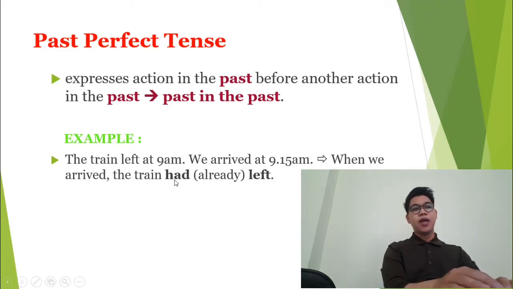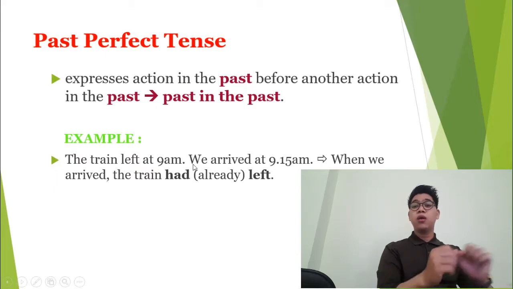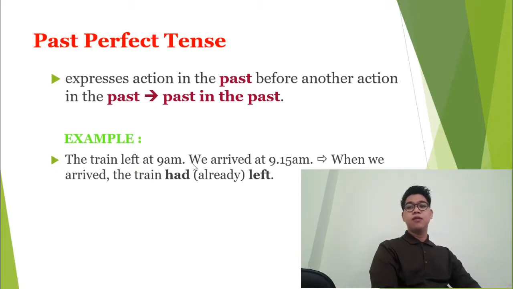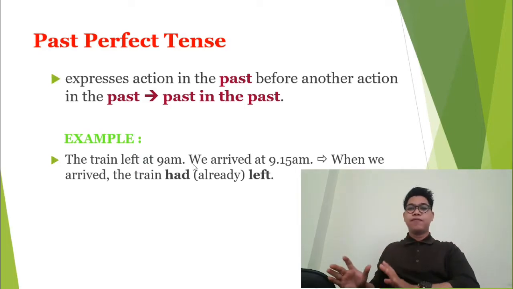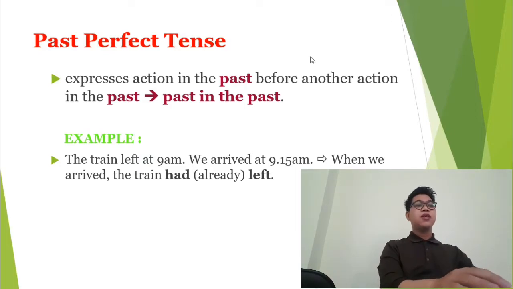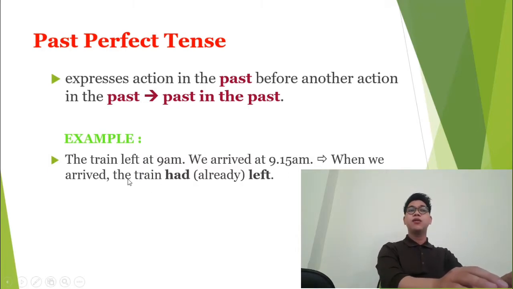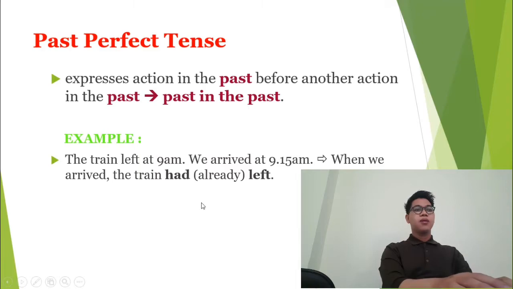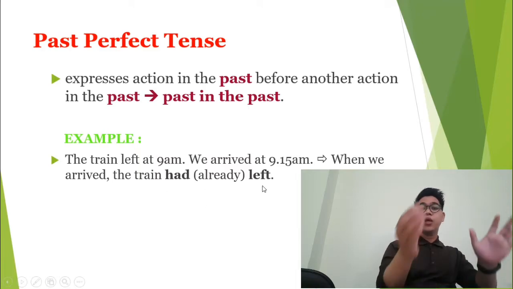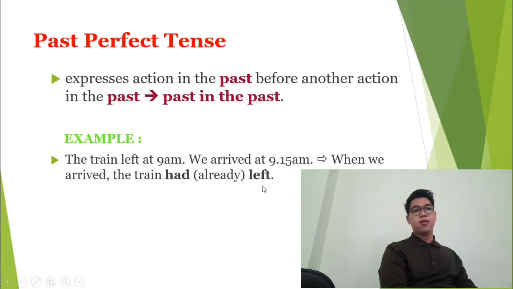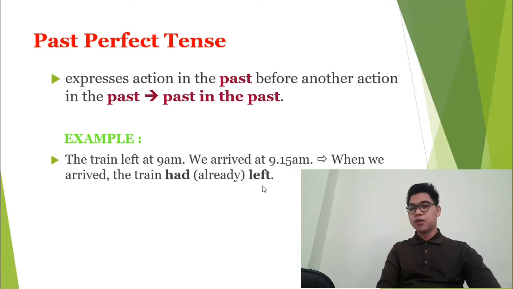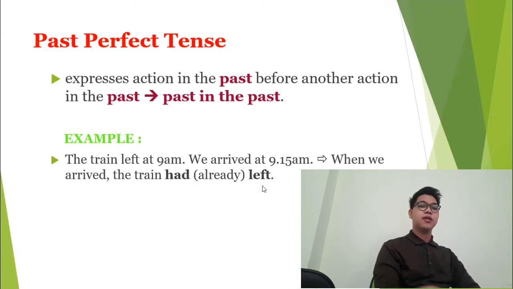When we arrived at 15 past 9, the train had left at 9, because we are late, 15 minutes late, so the train left. So this is what we talk about: a past action before another action in the past. The train had left before we arrived. That makes our point for this tense.